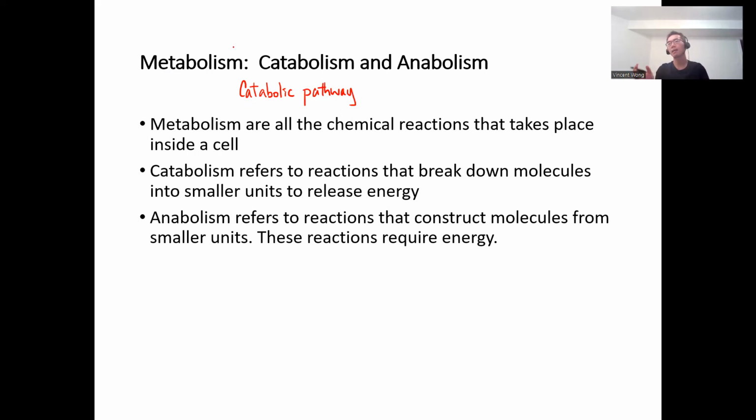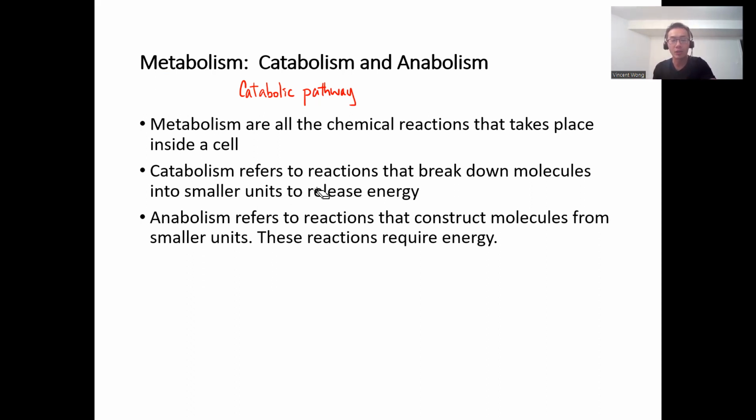Cata is the same root word as catastrophe. In a catastrophe, everything breaks down, right? So in catabolism, you are breaking things down as well. And in breaking these things down, you are harnessing the energy from these molecules that you're breaking down.